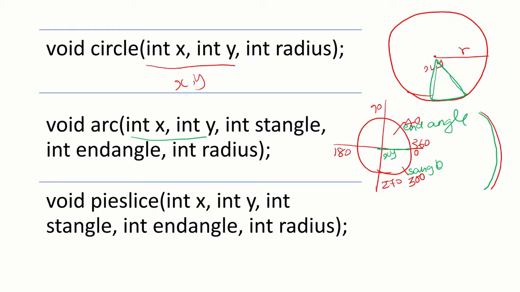If I mention the start angle and end angle as 300, 40, like the same example, it will return a slice like this, and if it is given a particular fill color, I may get a filled slice also. This we call a pie slice. So these are the basic circle based commands.